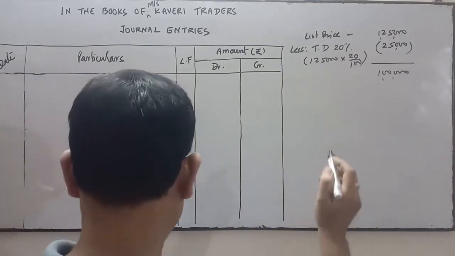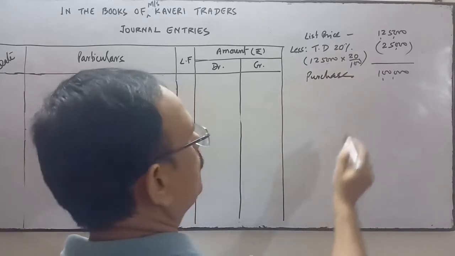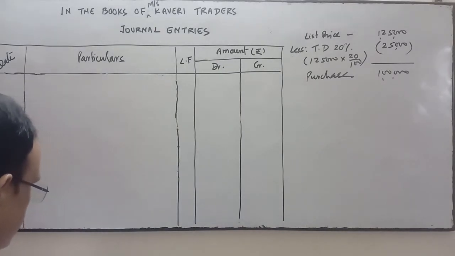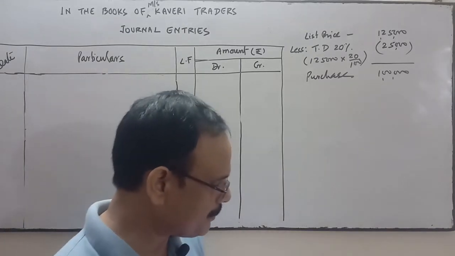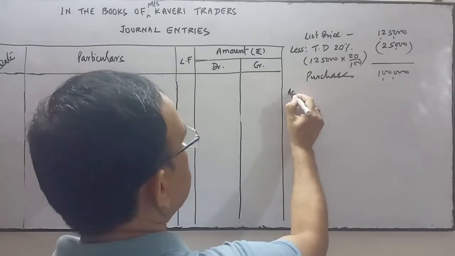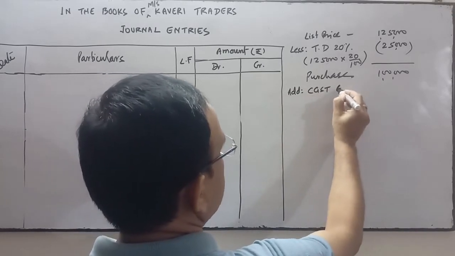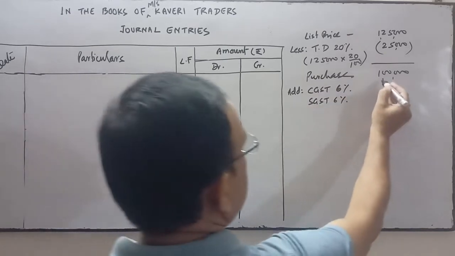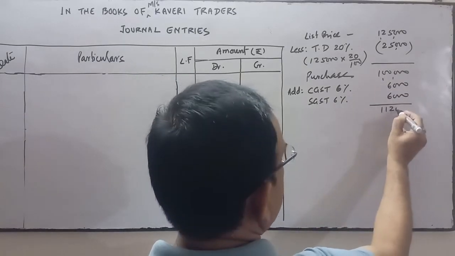So 1 lakh is considered as purchase. Consider this amount. Thereafter, 5% cash discount on purchase price of goods, and CGST and SGST are paid at the rate of 6% each. So 6% of 1 lakh is 6,000 and 6,000, so the total is 1,12,000.